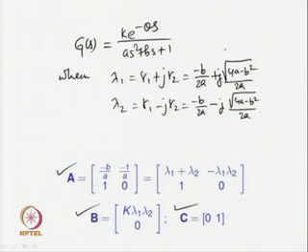This j you should not forget, because we know that for underdamped dynamics, b square is less than 4a. Therefore, 4a minus b square will be positive, and therefore, j will appear over here. When this is satisfied, then the complex variable j will come into picture.